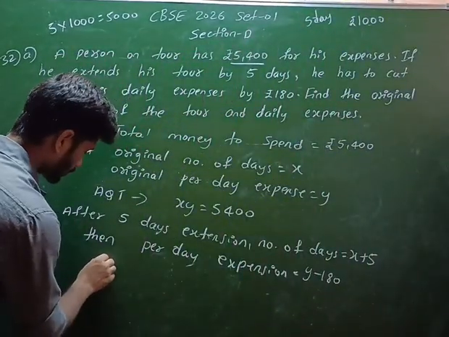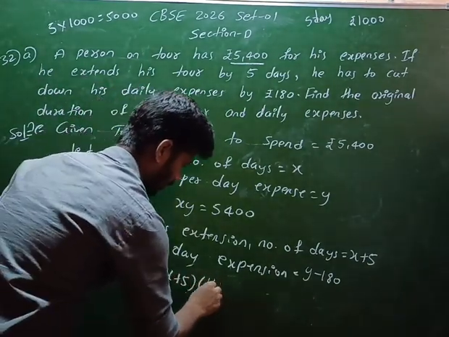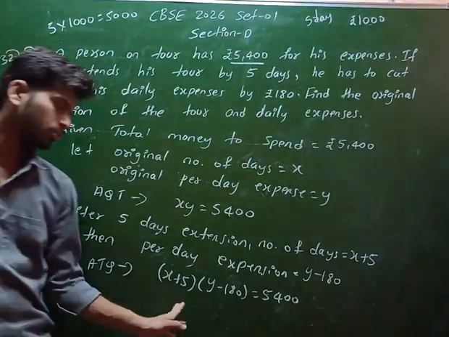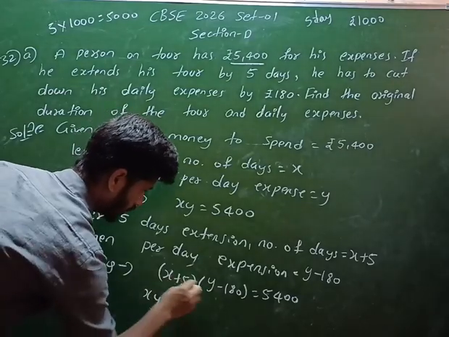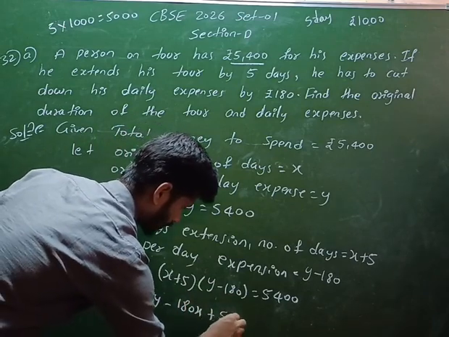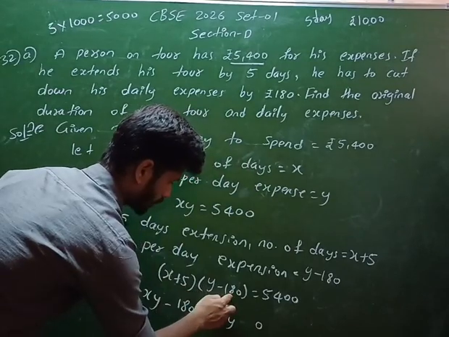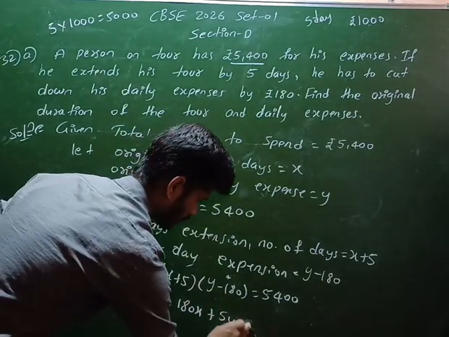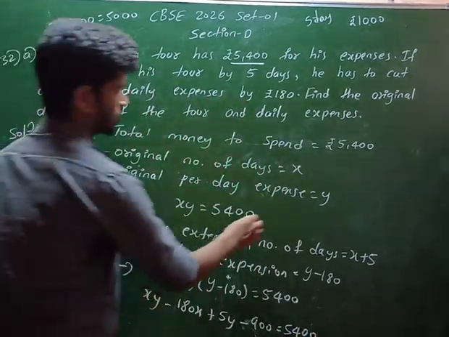So if you multiply x plus 5 and y minus 180, you should again get 5,400. Multiplying: x into y is xy; x into minus 180 is minus 180x; 5 into y is 5y; and 5 into minus 180 is minus 900. So it will be xy minus 180x plus 5y minus 900 equal to 5,400. Let's suppose this is equation 2.